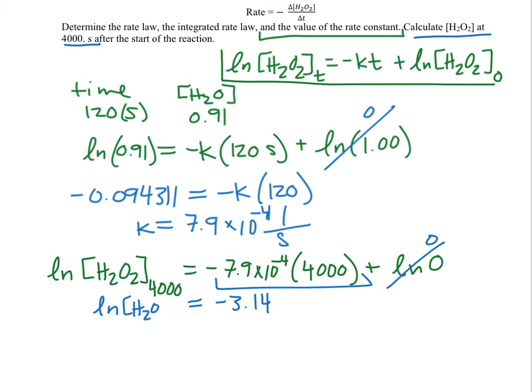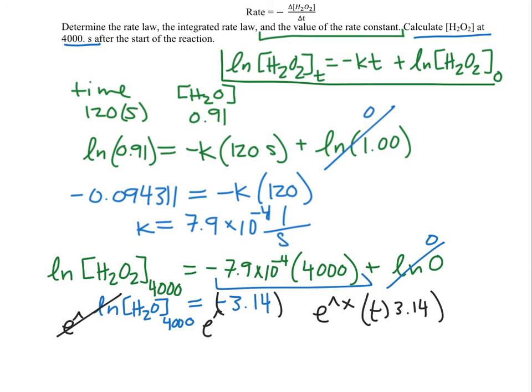Then we end up with this weird situation. We're going to have to undo a log here, which requires us to remember that to get rid of a natural log, you have to use the e function. That will cancel out this log. So in our calculators, please make sure that you push your e to the x button and then put in your negative, which is usually one of the buttons with the parentheses around it, 3.14.